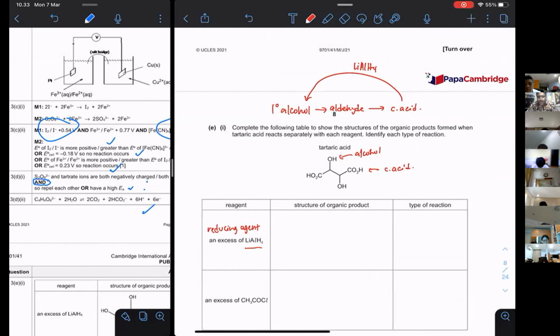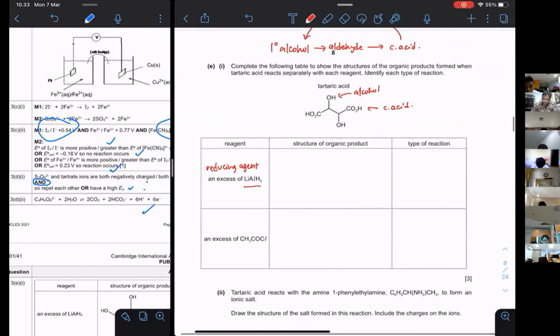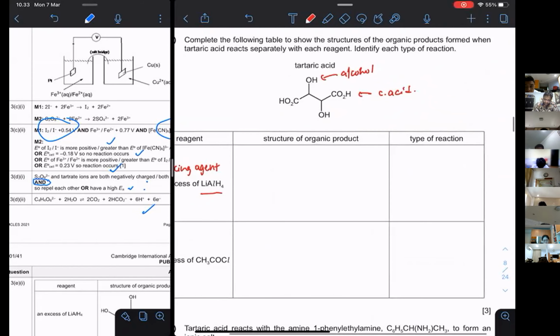Here, what you need to put is the structure of the organic compound. So I'll just put the OH here. This carbon is going to change from RCOOH, it is going to be reduced into RCH2OH.